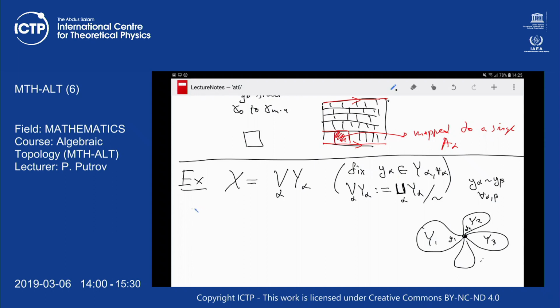So this is the definition of the wedge product in general, but in order to use Van Kampen's theorem, we will need additional assumptions. We don't want to consider an arbitrary wedge product, we want to consider wedge products which satisfy this condition.